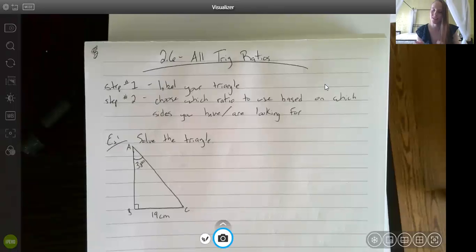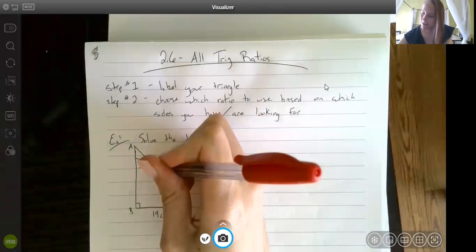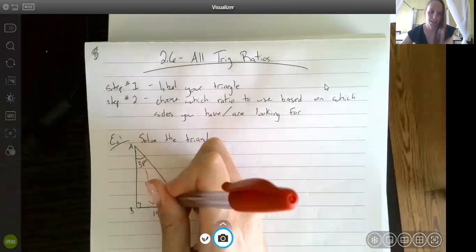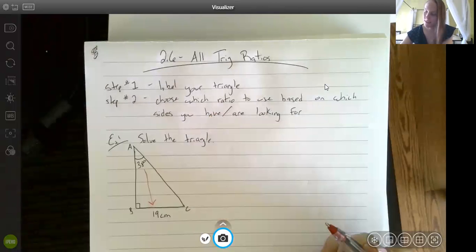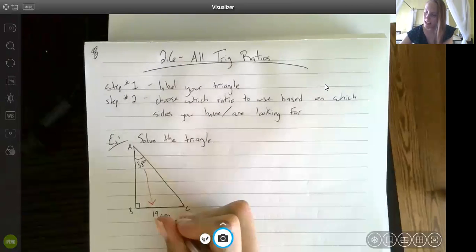Example one, I have said solve the triangle. And so solve the triangle just means find all of the missing sides and all of the missing angles. So I'm going to start by finding some of my missing sides. Right now I have the side that is across from the angle, so that is my opposite side.